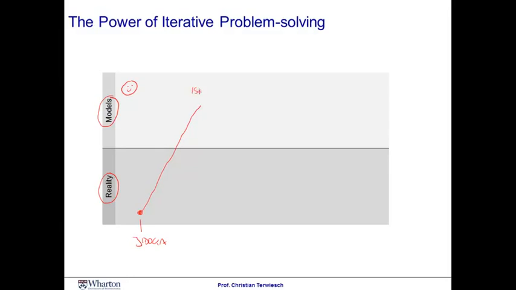The Ishikawa diagram forces us to think about many root causes and that probably will start triggering some improvement ideas. But we don't just jump to the idea that we like. Instead, we go back out in the field and collect data. That's what the Pareto chart does. It's an empirical support for which root cause we should go after first.